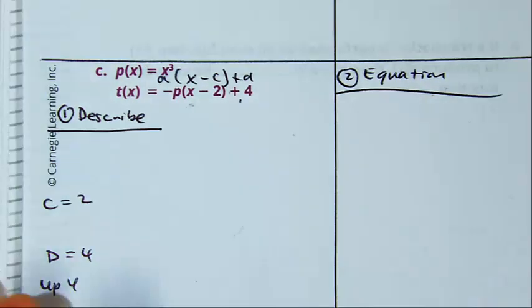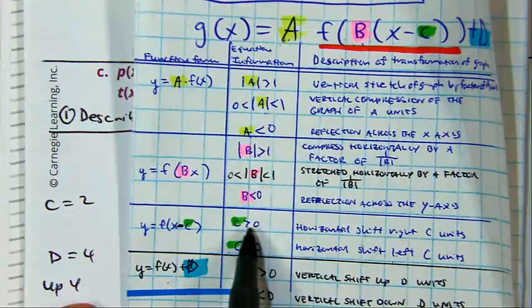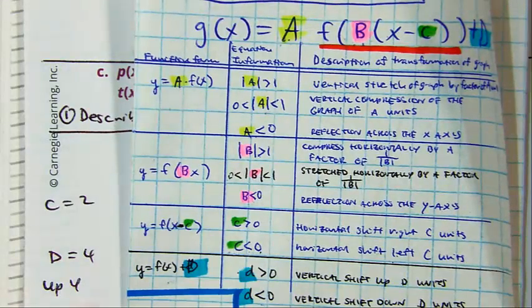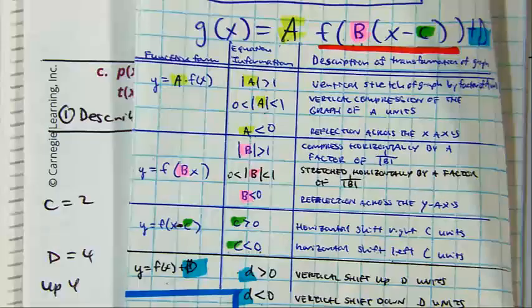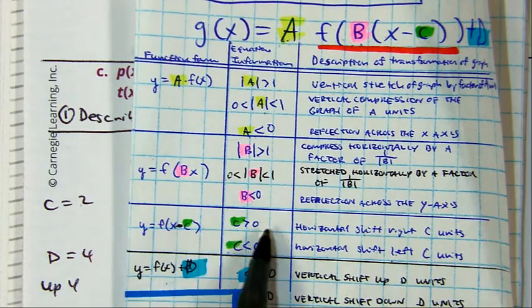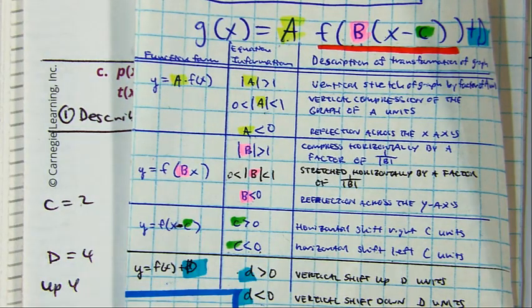All right, what does that mean, Daniel? You tell me. Are you going left or right? Is 2 bigger than 0 or smaller than 0? So left or right?